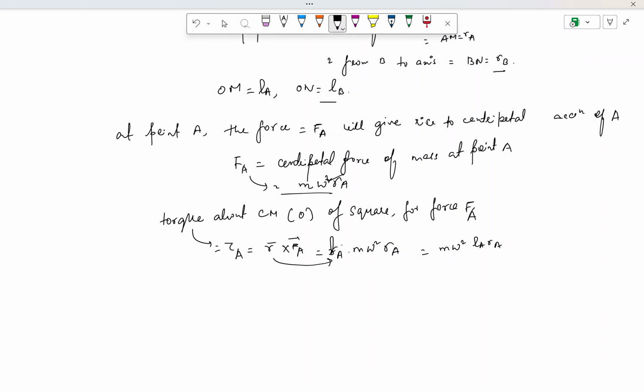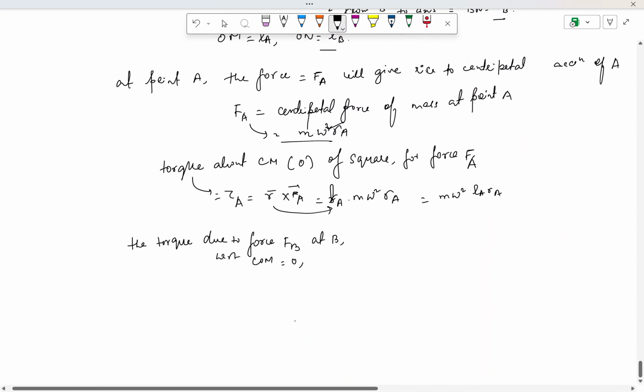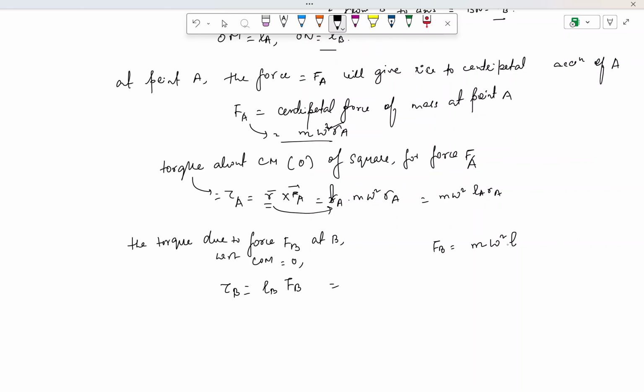Now same the torque due to force FB at B with respect to the center of mass O is given as tau B equal to, here the distance R is LB times FB, and FB will be the same centripetal force as for A, that is m omega squared RB.